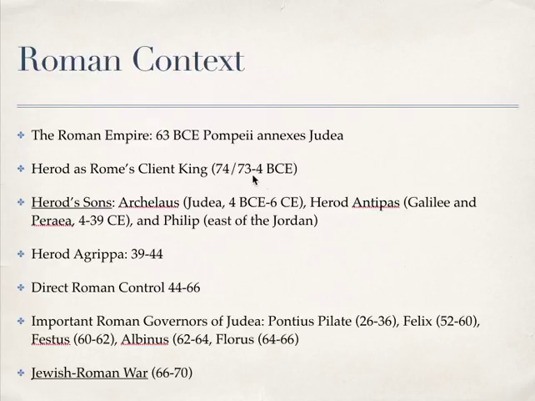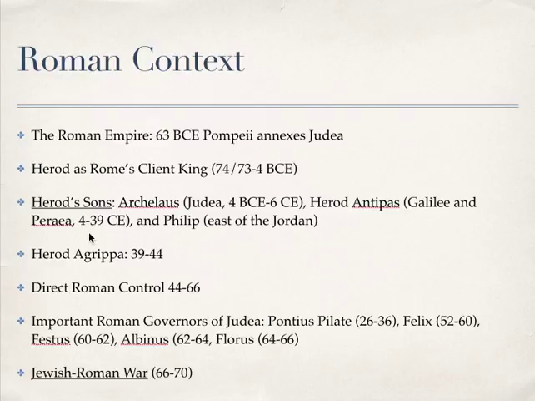But when he died in the year 4 BCE, his kingdom, the Judean province, was divided among his sons. Archelaus received the region of Judea, and he ruled for about 10 years there, 4 BCE to 6 of the Common Era. Herod Antipas took the Galilee and Perea, which was up around the Sea of Galilee, a little bit farther north.